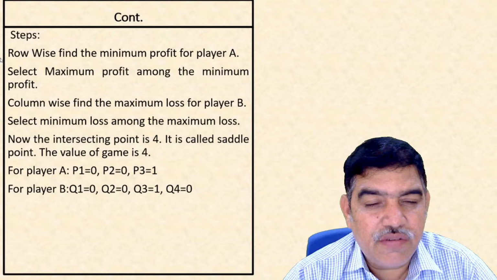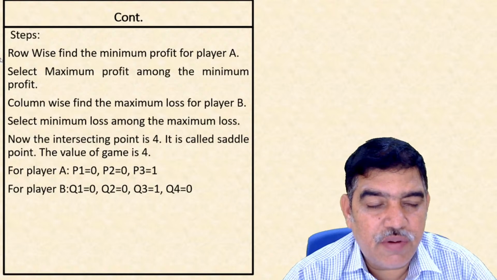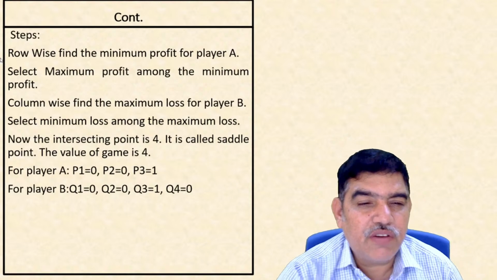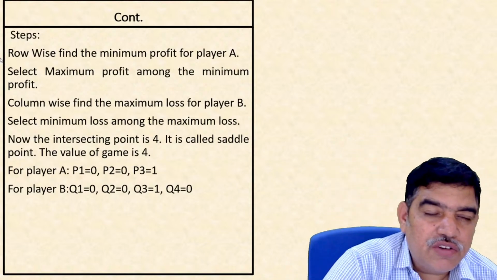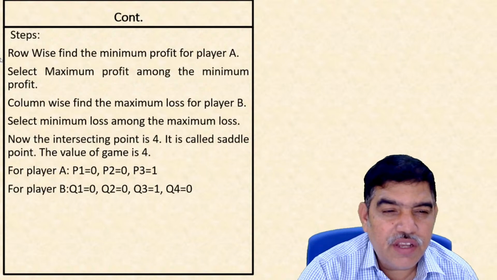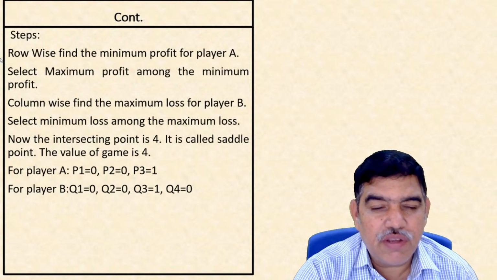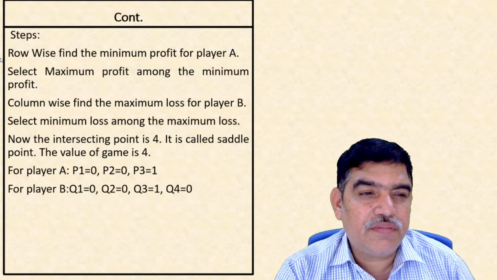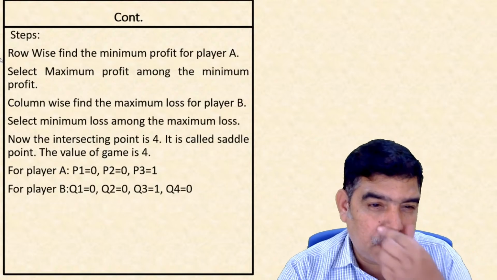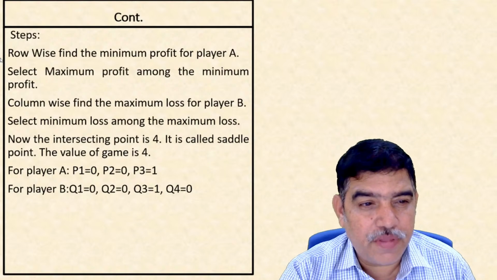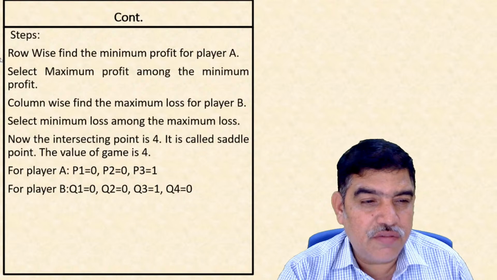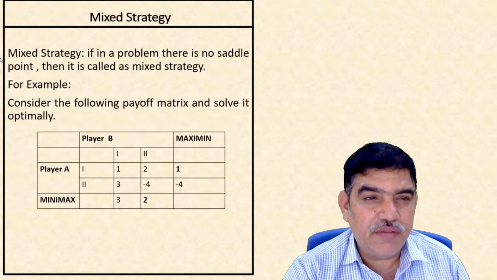The probability for strategy 3 equals 1, and for strategy 4 equals 0. Now, what happened? P1 equals 0, P2 equals 0, P3 equals 1. For player B, Q1 equals 0, Q2 equals 0, Q3 equals 1, Q4 equals 0. That is known as the probability of strategy wise for player A and player B.